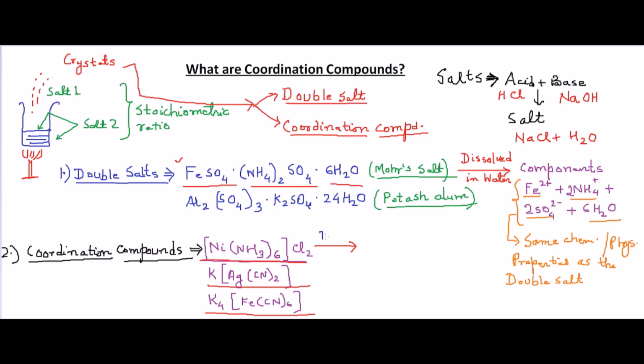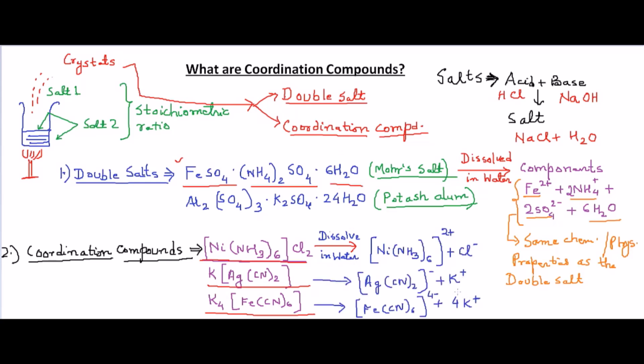These are different because when we dissolve them in water, the same thing that we did for double salts, or any other solvent, then instead of breaking down into their simple constituents, they get ionized in a different manner. When they dissociate, it is something like this, and similarly for this one also.